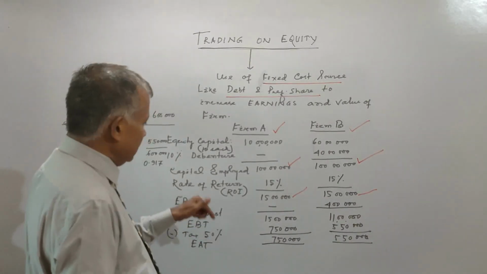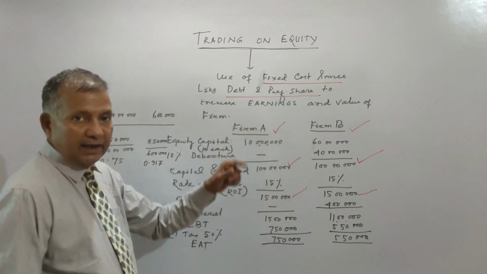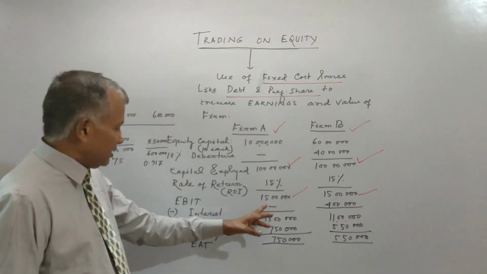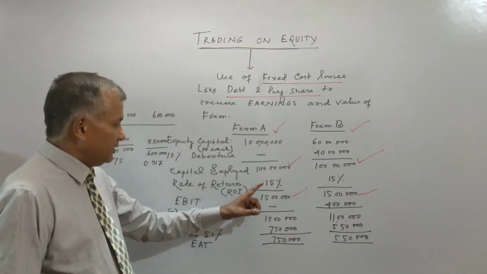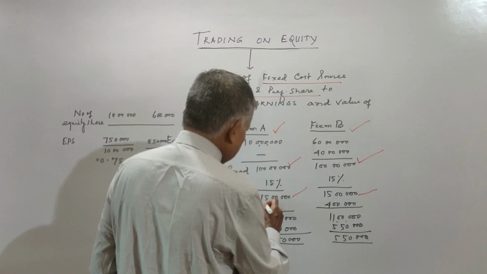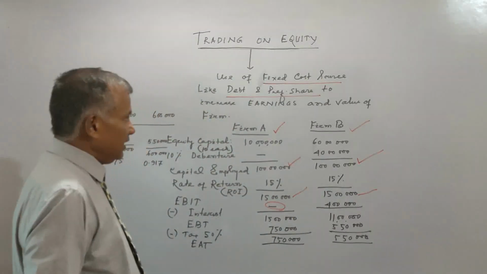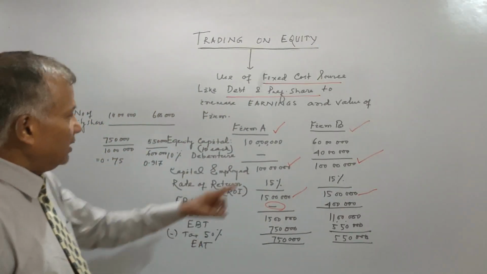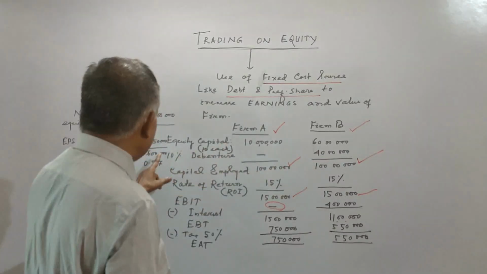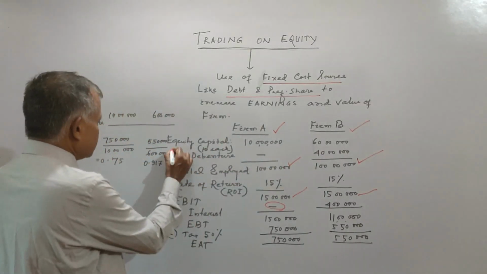Now interest. In case of interest, firm A has no debt. There is no debt for firm A, therefore there is no interest here. In case of firm B, there was 40 lakhs of loan carrying 10% interest.